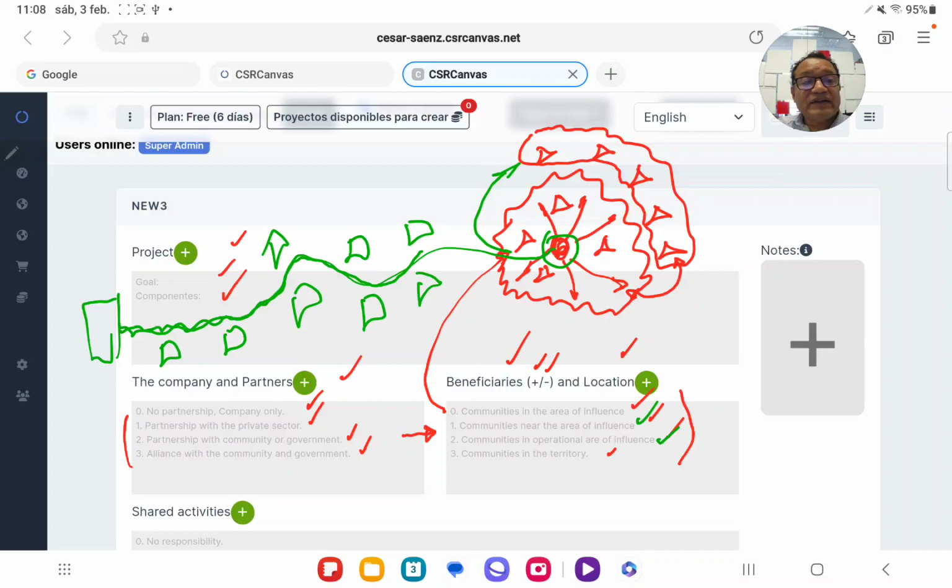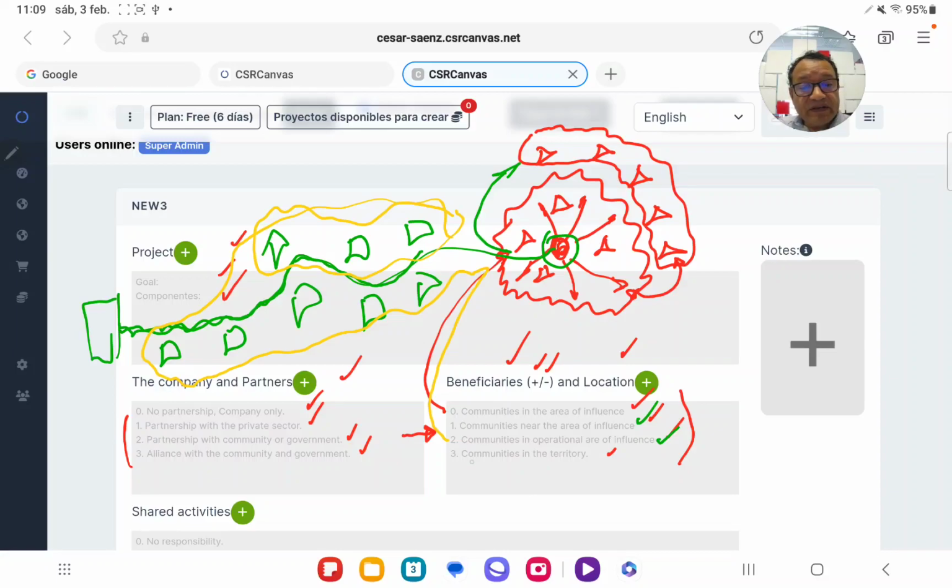So these communities are waiting for some benefits. It means that the company could also work with these communities if they want. They can also work with communities far away. This is the third option, the communities located in the operational area of influence.